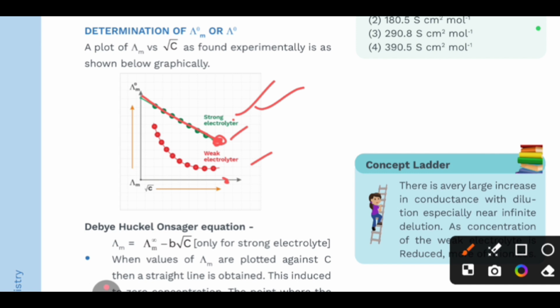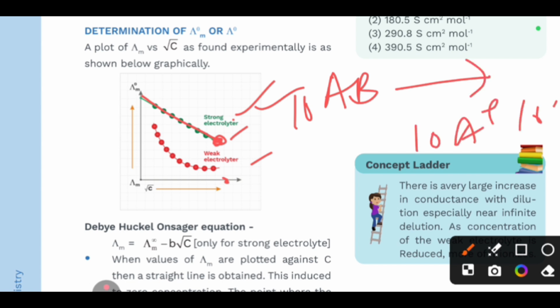You are doing the dilution, and during dilution conductance will increase. Here in a strong electrolyte, suppose you have taken 10 molecules of AB, then all of it is already dissociated into 10 A positive and 10 B negative ions. Then on dilution, why will the conductance increase? It is not because of decomposition or breaking, it is because of separation between the two ions.